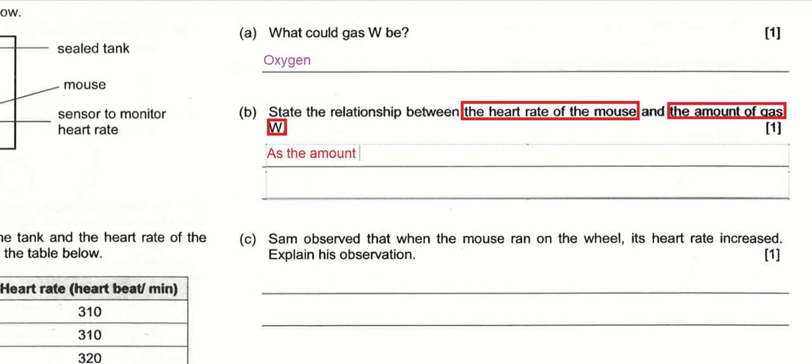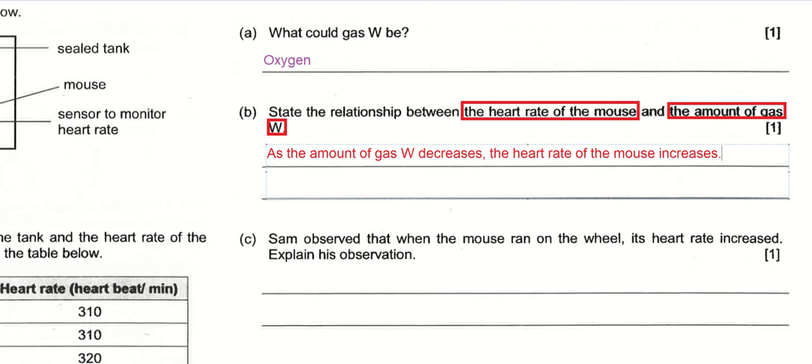So in this case, the cause is the amount of gas W. As the amount of gas W decreases, the heart rate of the mouse increases. Or you can also say it the other way around.